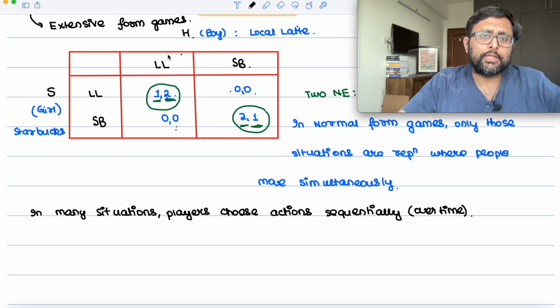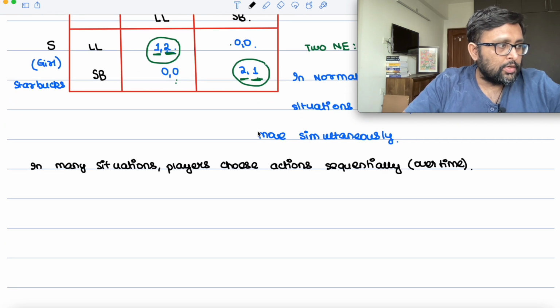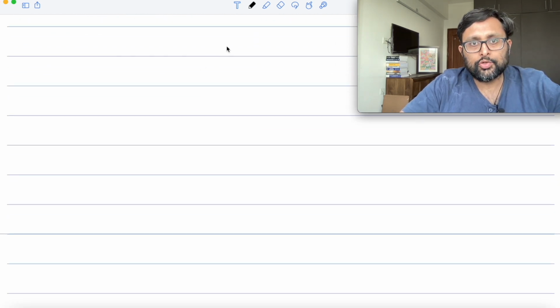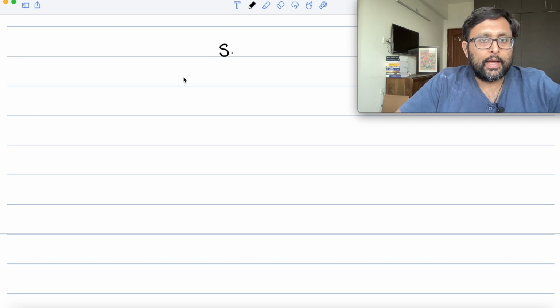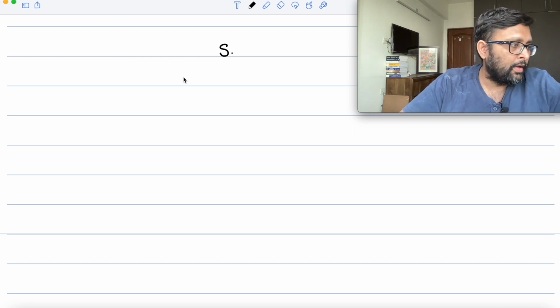So let me just convert this game into a sequential form game, right? So let us say girl is moving first. Maybe she gives a call that she is going to this place or that place, and boy knows that wherever she goes, he has to follow, because if he goes to the place of his choice, then nothing could be done, because neither she will get any utility nor he will get any utility, right?